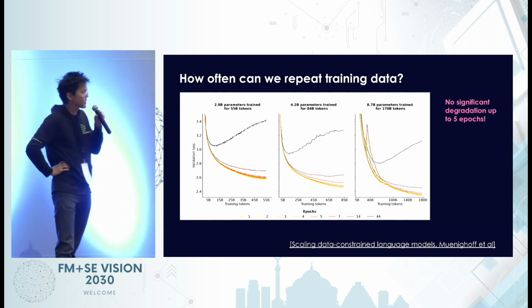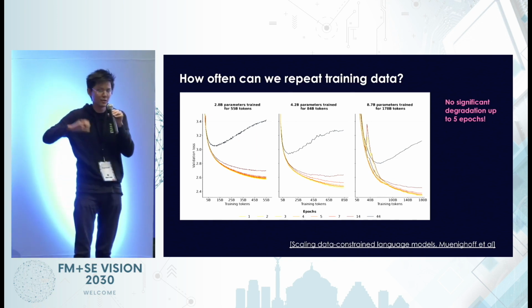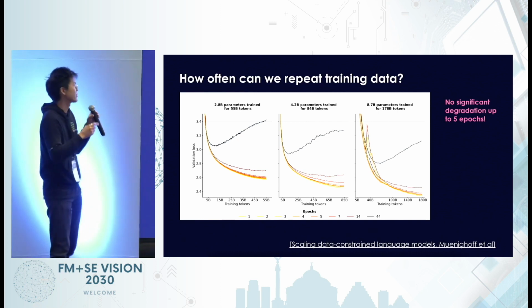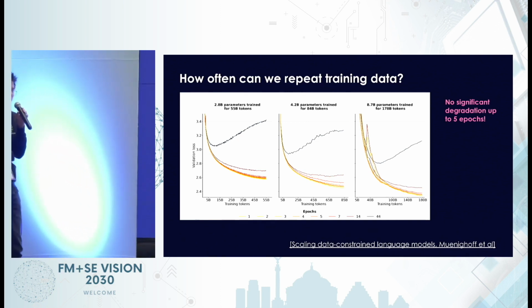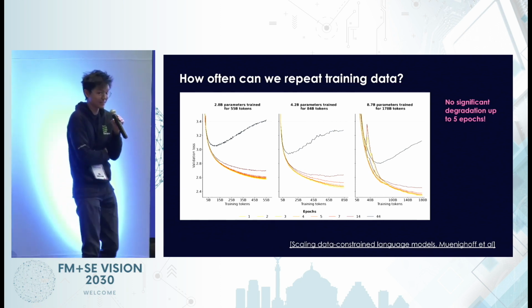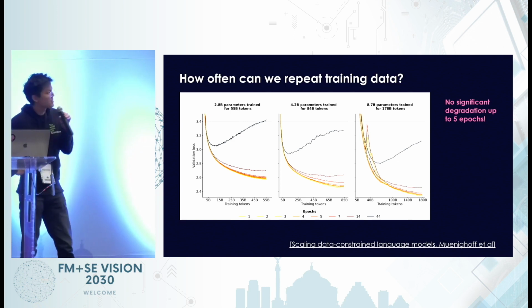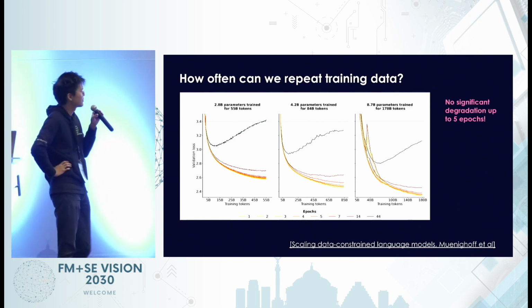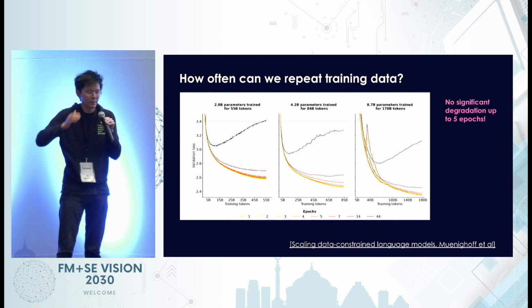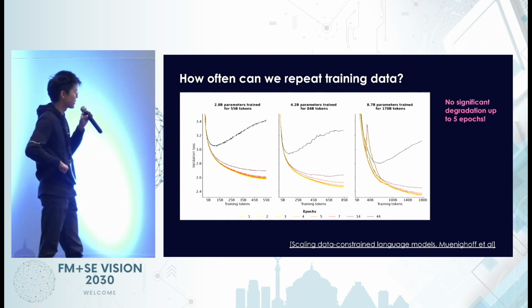And another thing is that the scaling laws start from the assumption that you're in the infinite data regime, so that you only see your examples at most once during training. But that's not really our case, because our data set has only 200 billion tokens. And so there is this interesting work from Hugging Face, where they study what's the impact of not being in the infinite data regime, so being data constrained.